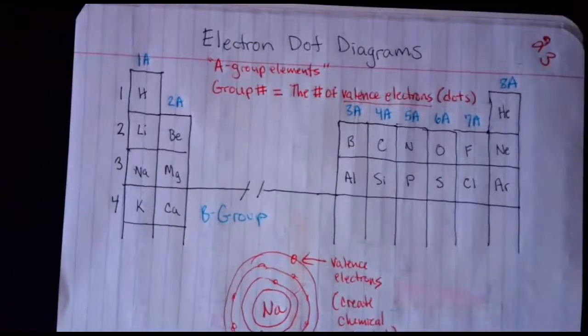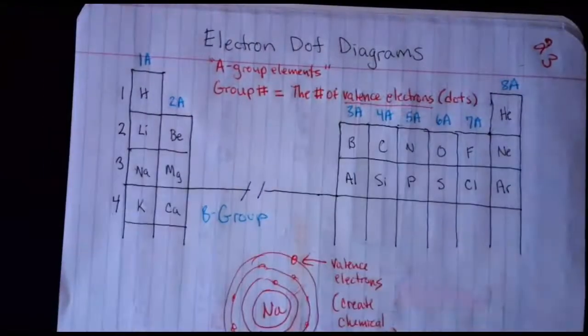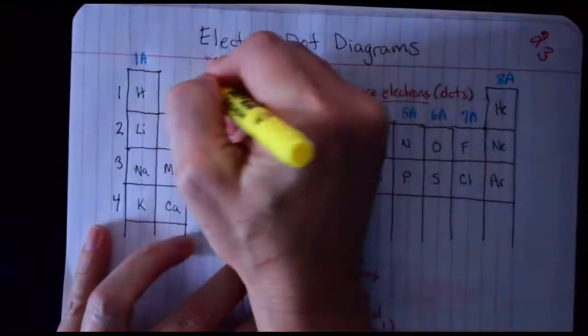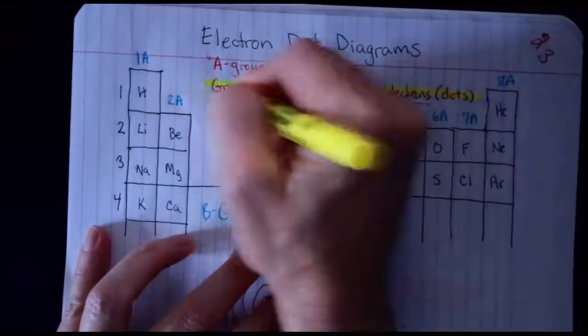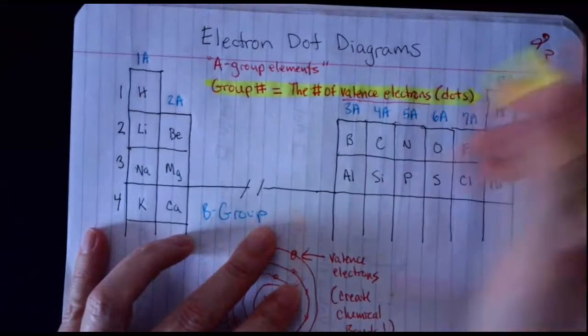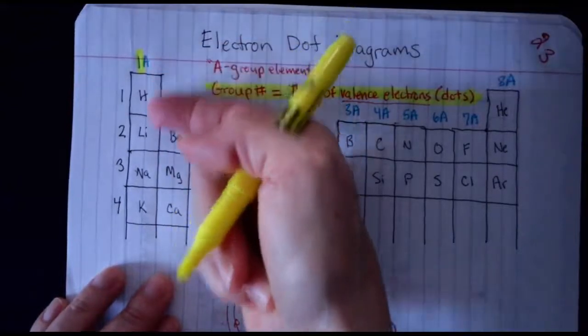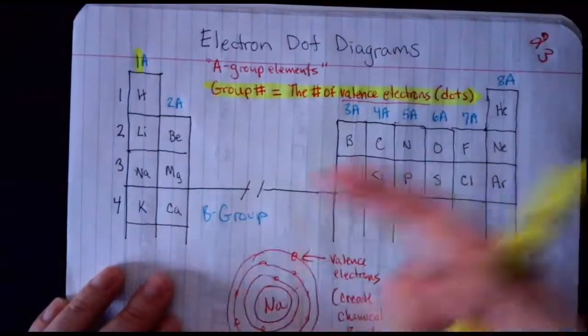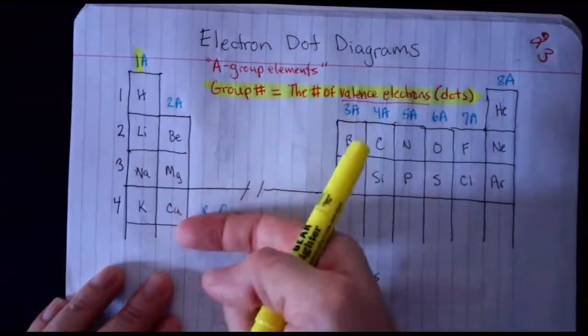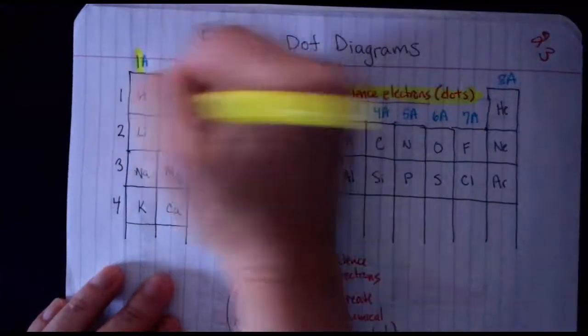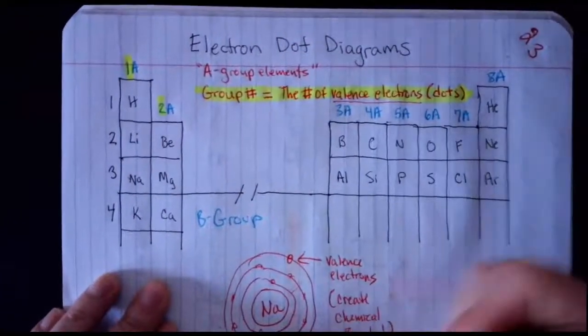All right, so what this rule up here says, really, okay, because this is the entire focus of what we're doing here, is that all of the elements in column 1A have 1 valence electron. All of the elements in column 2, group 2, have 2 valence electrons.